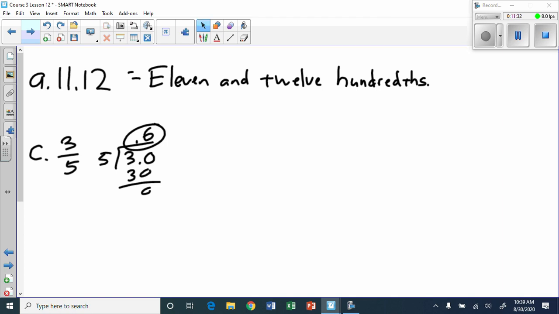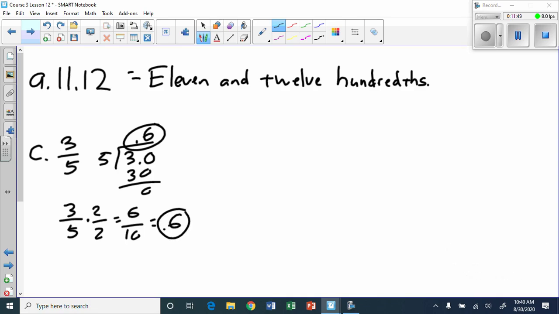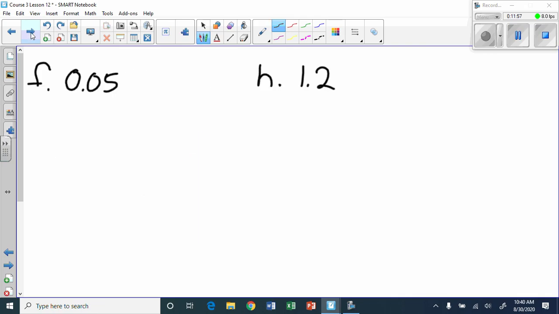If you remember when we did the percents, and we said we could find a power of 10, like multiplying this, we get 6/10. This method here works for all fractions. The other one works for some. Your choice how you decide to do that.